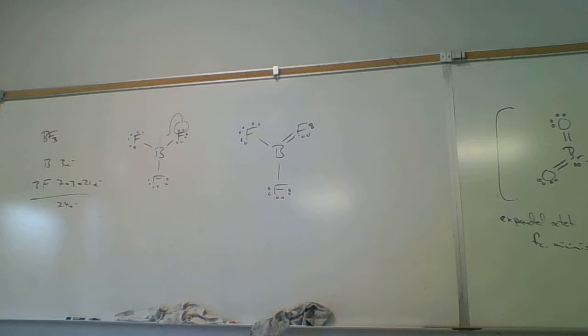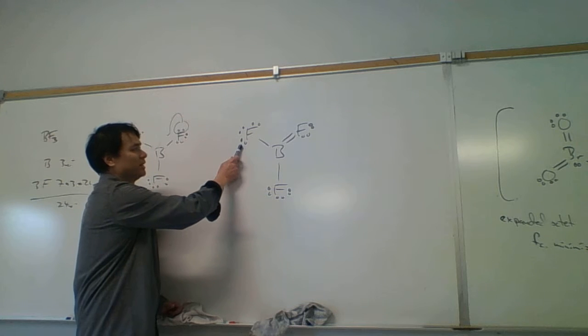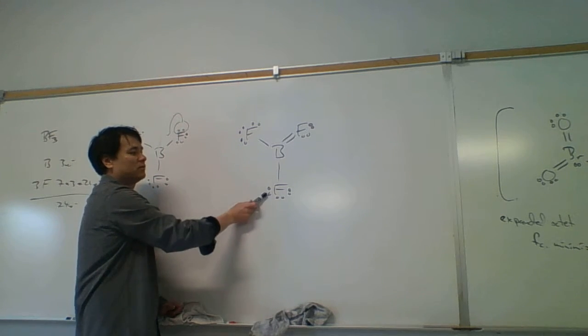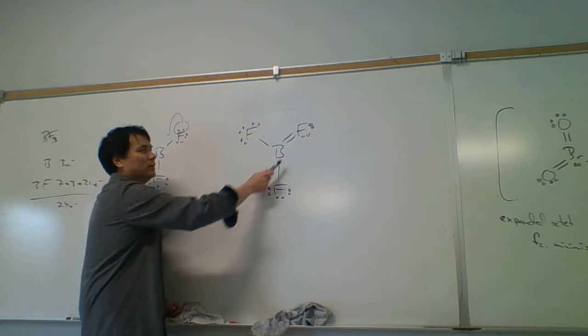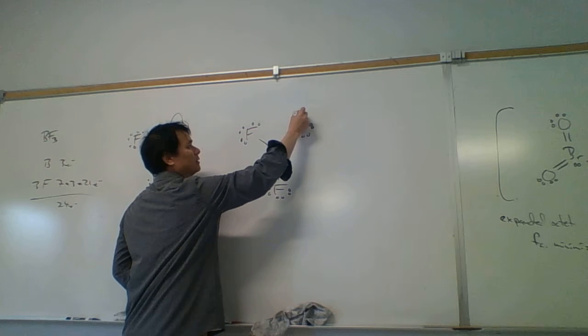but then I added that step 6. What is that step 6? We've got to look at the formal charges. Tell me what the formal charge on this fluorine is here. 0. This fluorine? This fluorine's going to be plus.